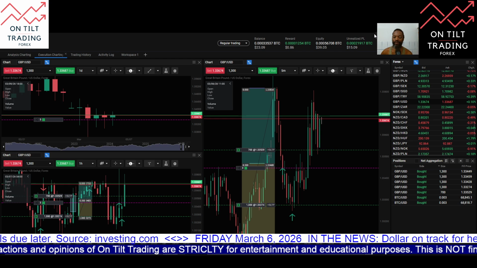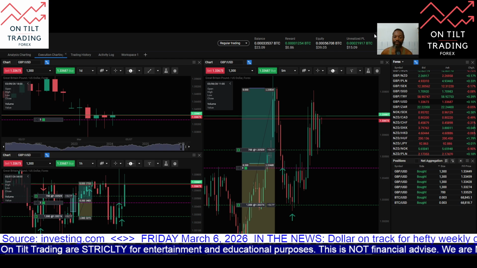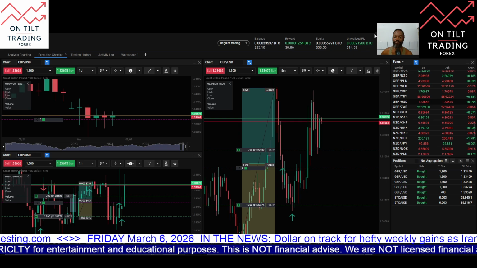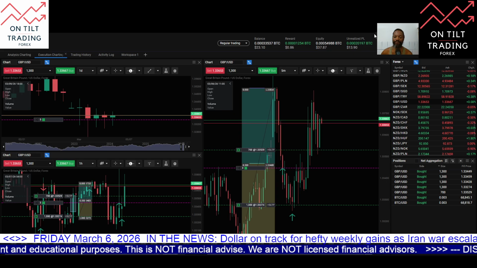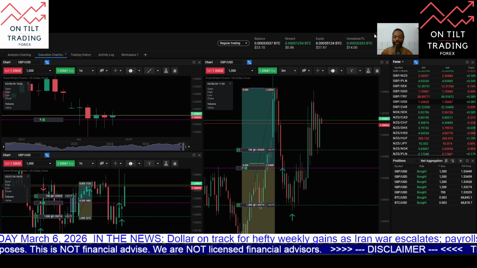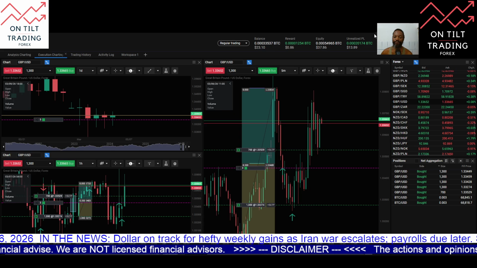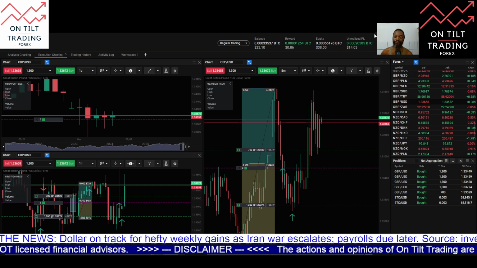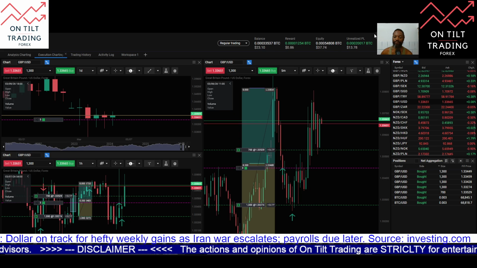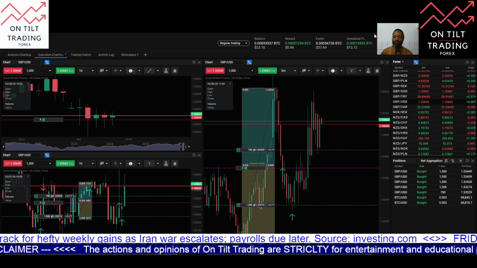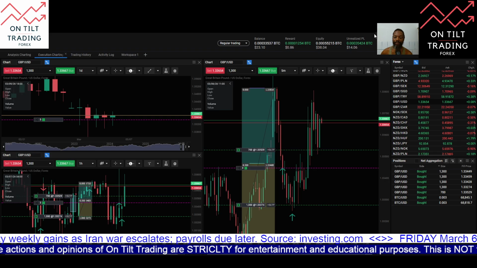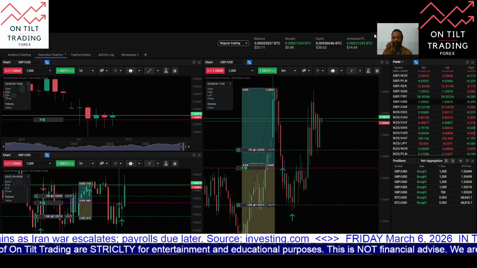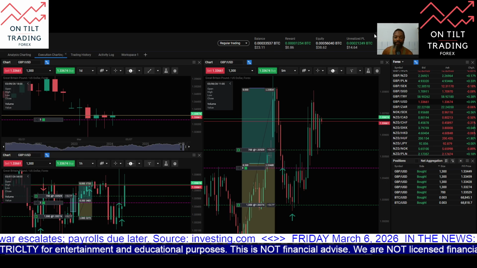Price consolidating within the 133,670 range, 133,650. Price trading lower here. Price currently consolidating between the 133,650 and 133,680 levels.